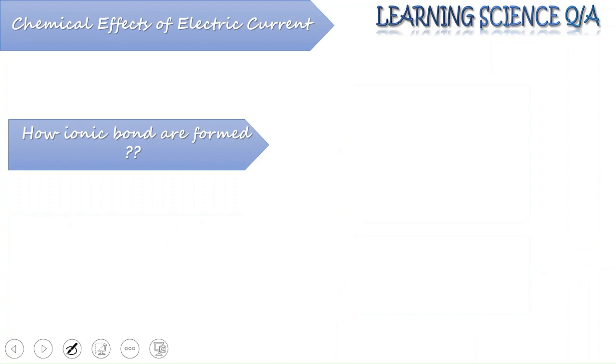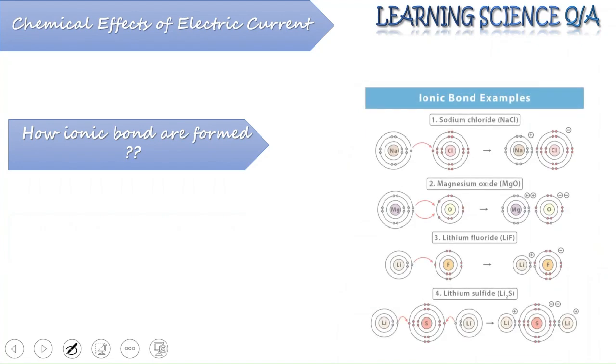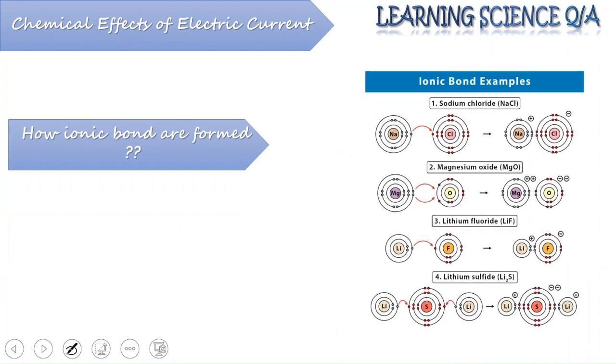Similarly, when these ions are formed, positive and negative ions, these ions can combine to make a compound with an ionic bond. Just take one example of sodium chloride. Sodium has one extra electron in the outermost shell, which it can donate to chlorine, which has 7 electrons in the outermost shell.